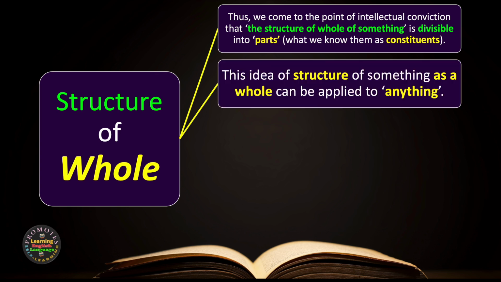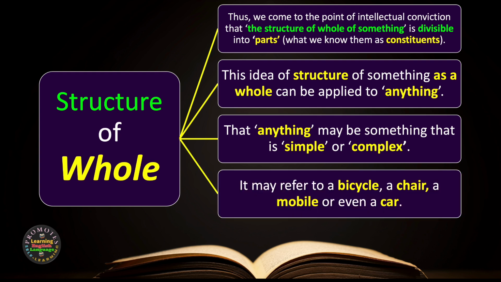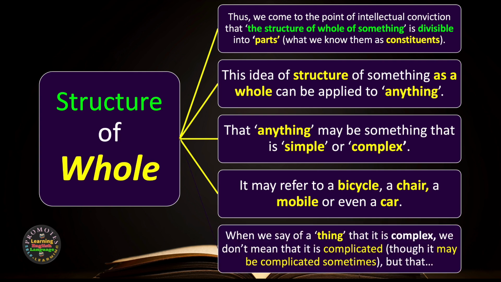This idea of a structure of something as a whole can be applied to anything. That anything may be something that is simple or complex. It may refer to a bicycle, a chair, a mobile, or even a car, or for that matter, an airplane. When we say of a thing that it is complex, we don't mean that it is complicated, though it may be complicated sometimes.